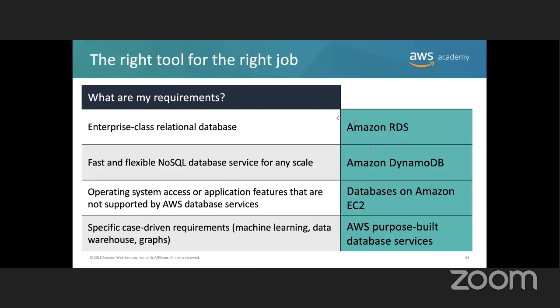So the right tool for the job, right? What are my requirements? Enterprise class relational database. Like we saw in this module, the cloud continues to drive down the cost of storage and compute. All the time, AWS is reducing the price, right?